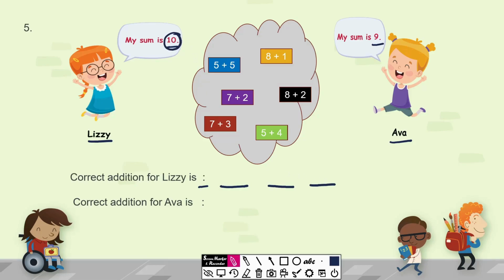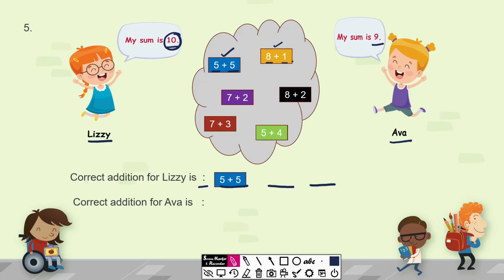Understood? Now do it with me. Is 5 plus 5 equal to 10? Tell me quickly. Yes, 5 plus 5 is equal to 10. Now 8 plus 1 is equal to 10.